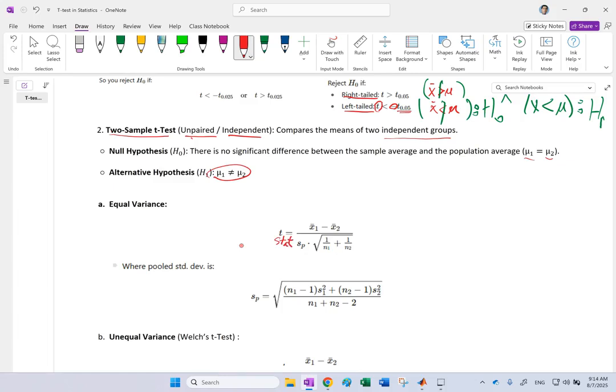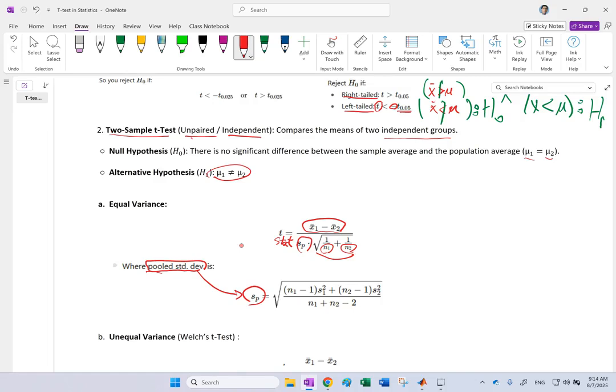Your t-stat is coming from the difference between the two sample means. And in the denominator, you have what we call a pooled standard deviation, Sp, multiplied by the square root of 1 over n1 plus 1 over n2, where these n's are the number of data in each sample.